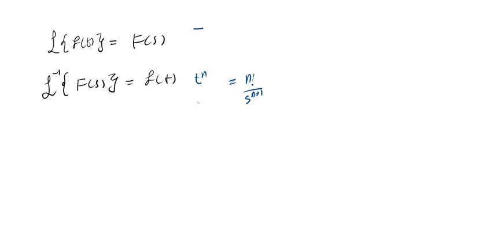So, the table of transforms. If you have solved a number of questions, you know what the transform is for sine, cos, hyperbolic sine, hyperbolic cosine, e to the t, even t itself, including constants and the like.